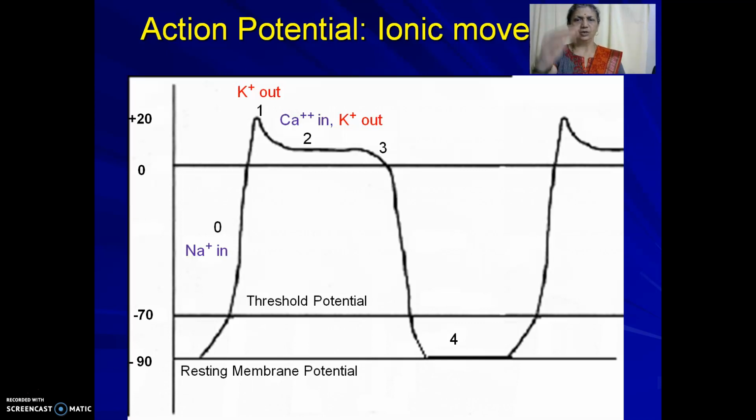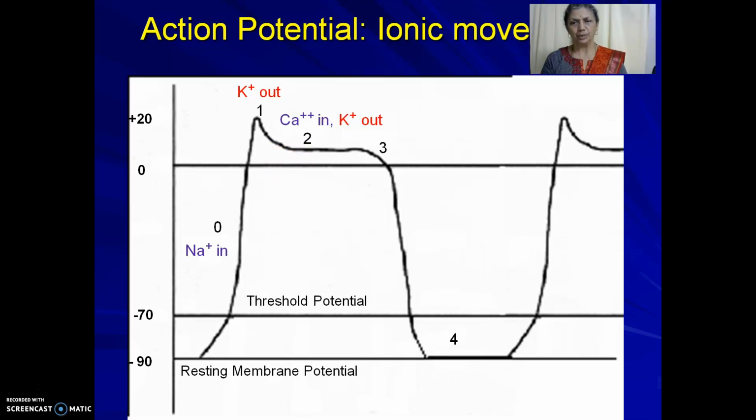Once zero phase is completed, the process of repolarization starts, that is, restoring the negativity inside the cell. And for this, potassium ions, which are more inside the cell, start leaving the cell and going out. Therefore, we see this phase 1, where the membrane potential is again moving towards negative.